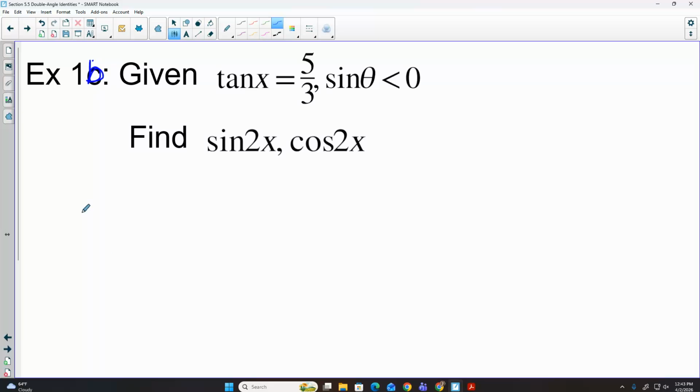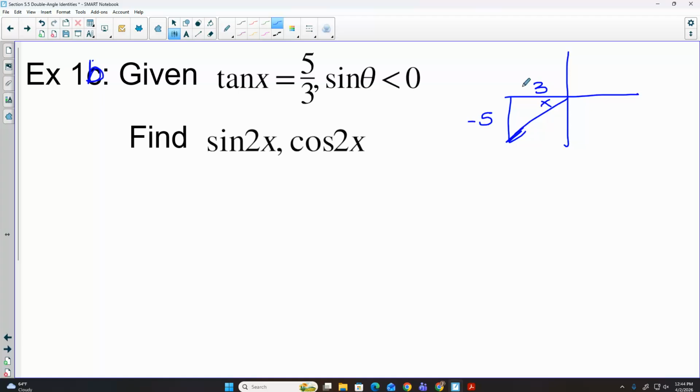Okay. This time I gave you tangent. Tangent is positive, but sine is negative. So which quadrant? Okay, tangent is opposite over adjacent. What's wrong with those numbers? I went left and down.